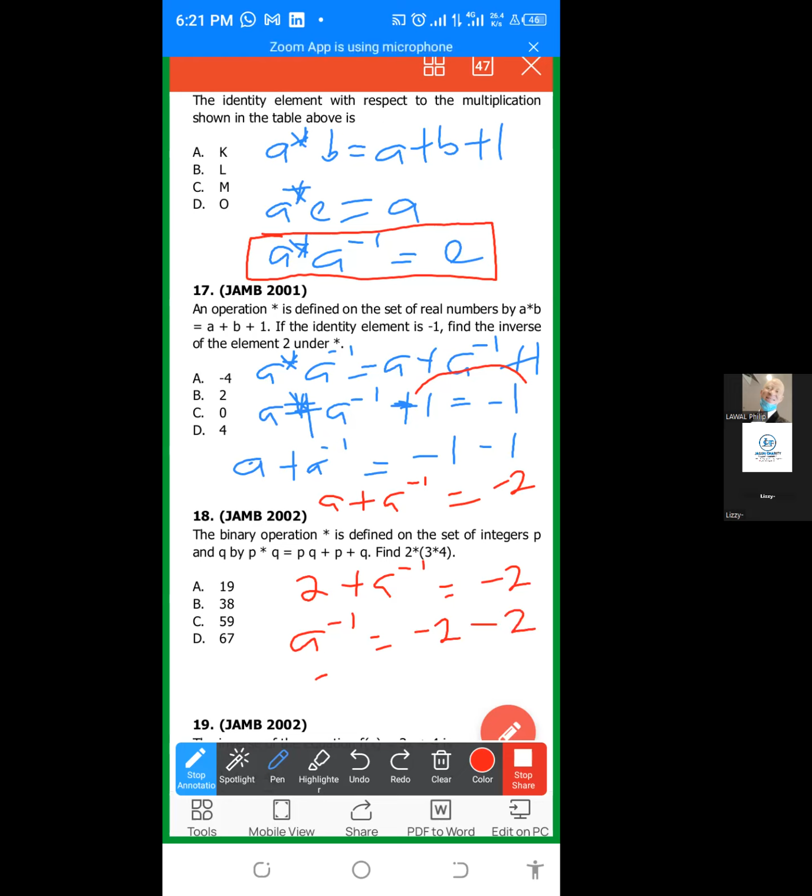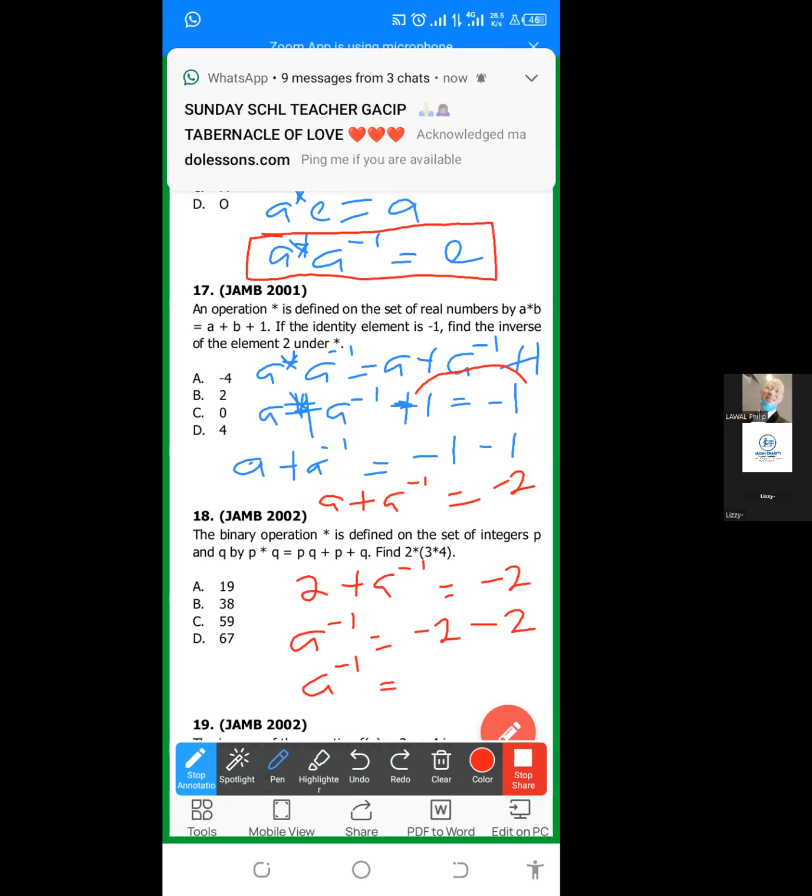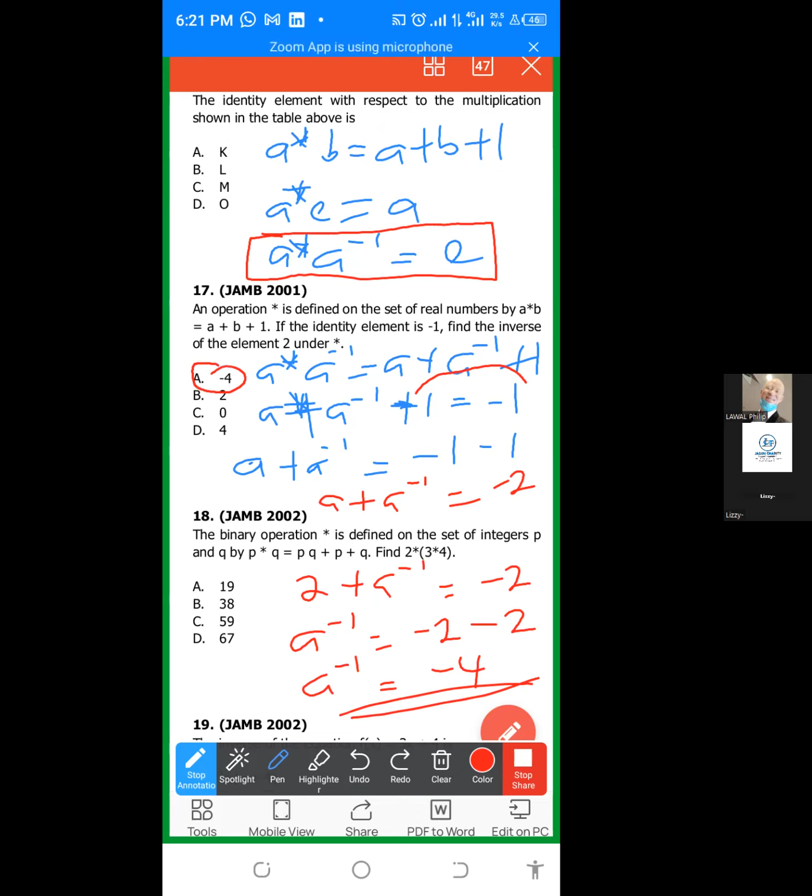So your A inverse is equal to minus 4. This is our answer, and the answer there is A. That's the solution to JAMB 2001.